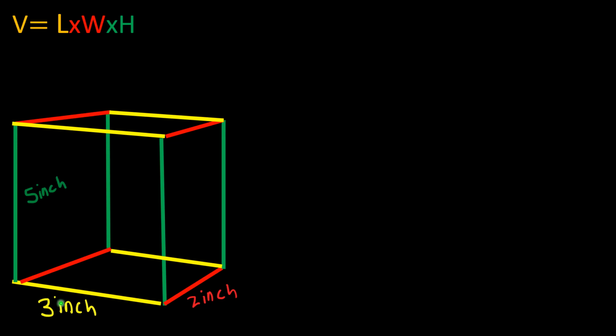Let's say we have this box, and it has a length of 3 inches, a width of 2 inches, and a height of 5 inches. We want to calculate the volume, so we use the equation volume equals length times width times height.